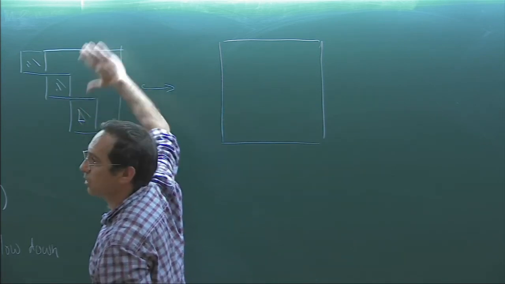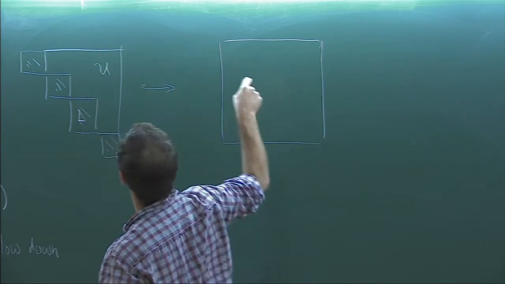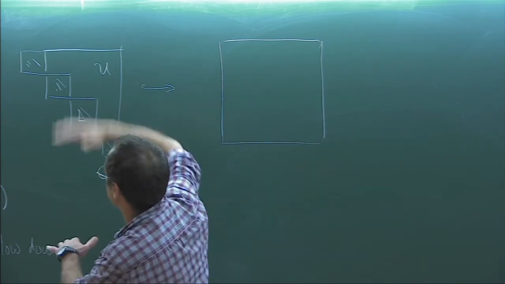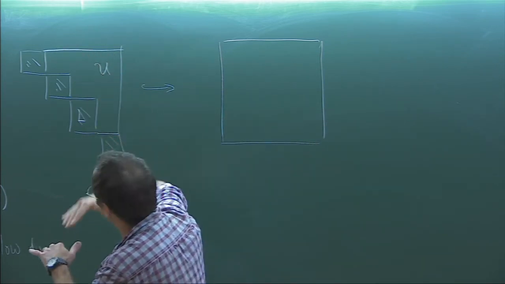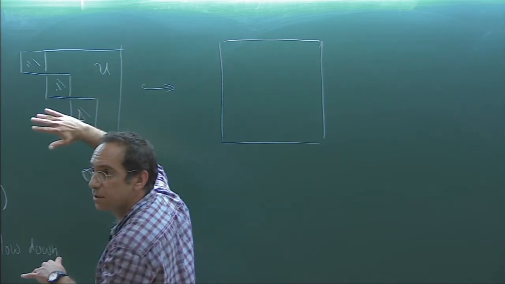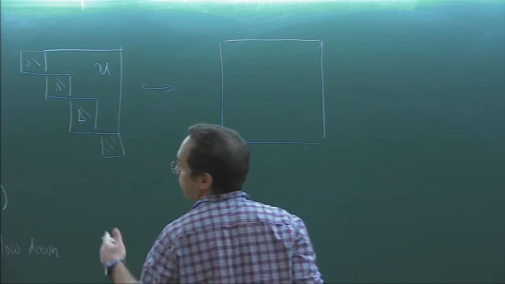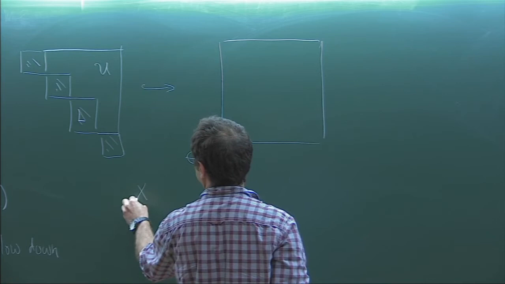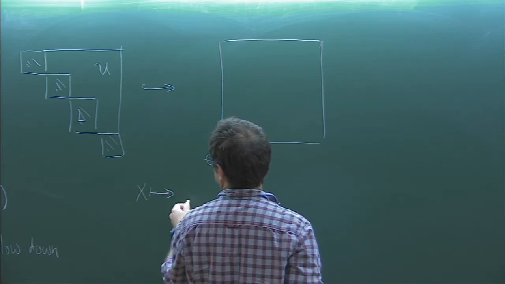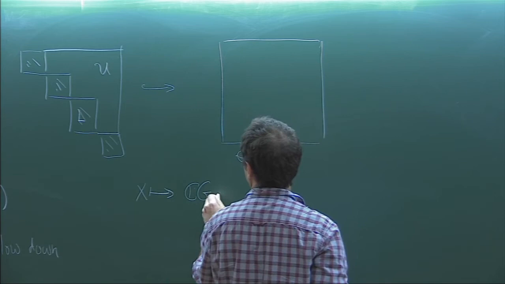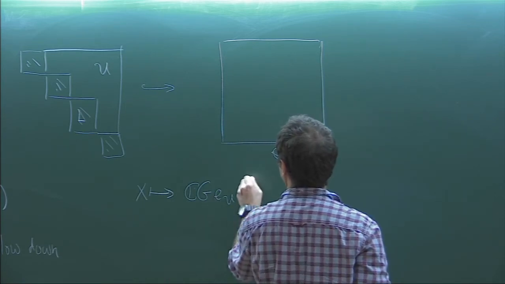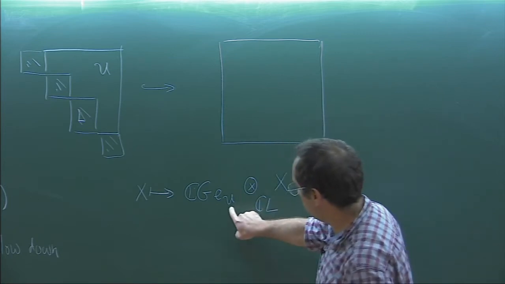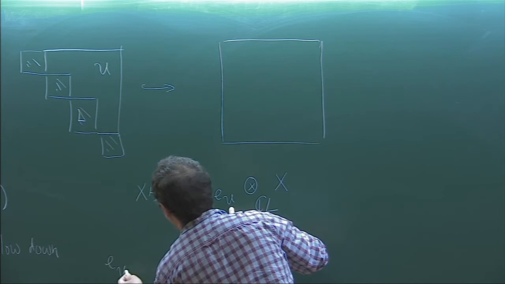It's a representation that is trivial on this part, and then induce it to G. So instead of inducing and getting a huge representation, we take an intermediate step and we extend the representation trivially to U. In terms of the functors, that means that we change the induction to the map X goes to CG e_U, and then we tensor over CL with X. So e_U is the idempotent associated with U.